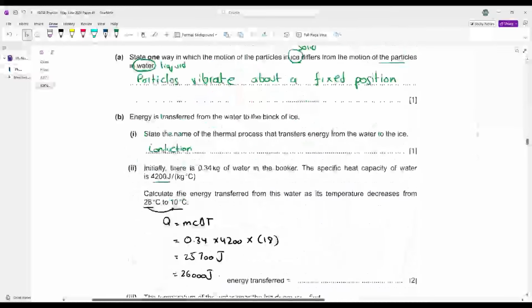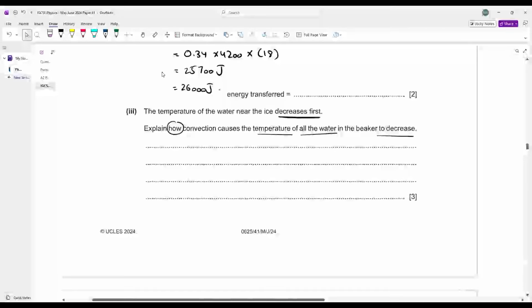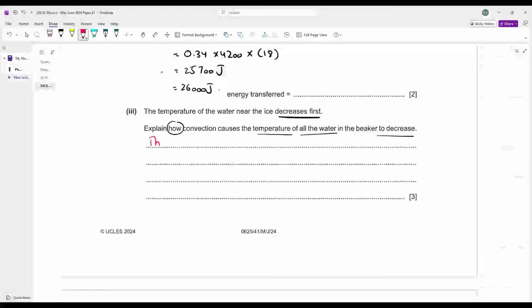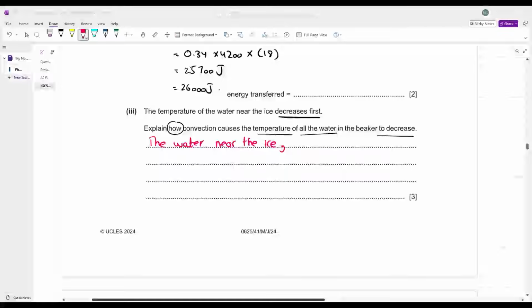Simple. So you can write this entire thing. You can say the water near the ice. What will happen to the water near the ice? इसको इस तरह लिख लो.